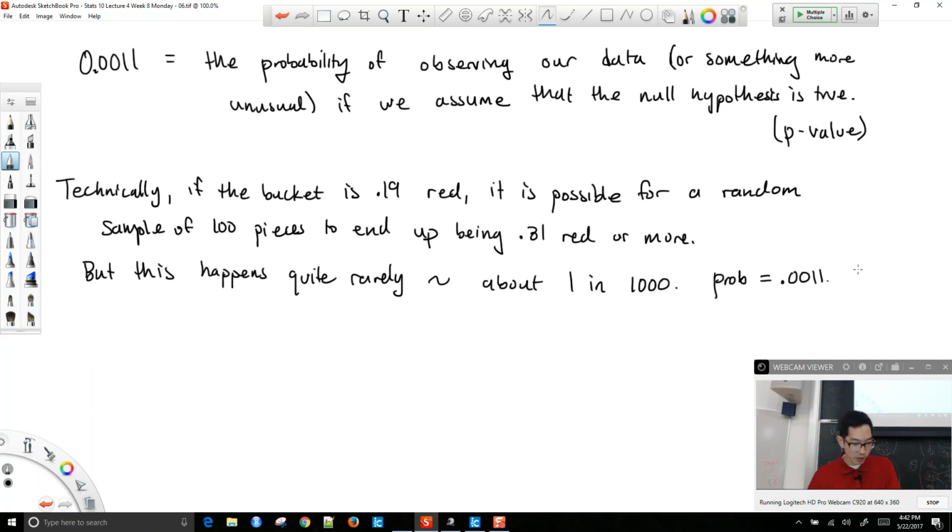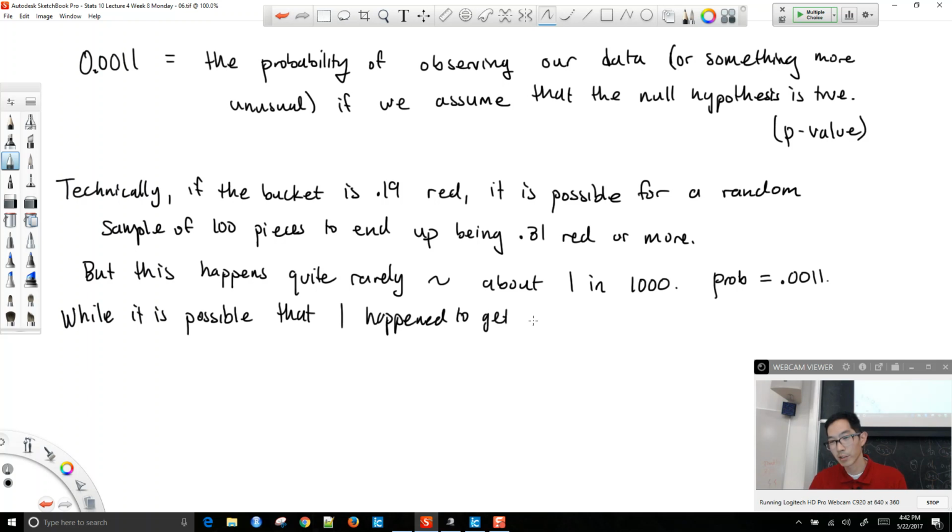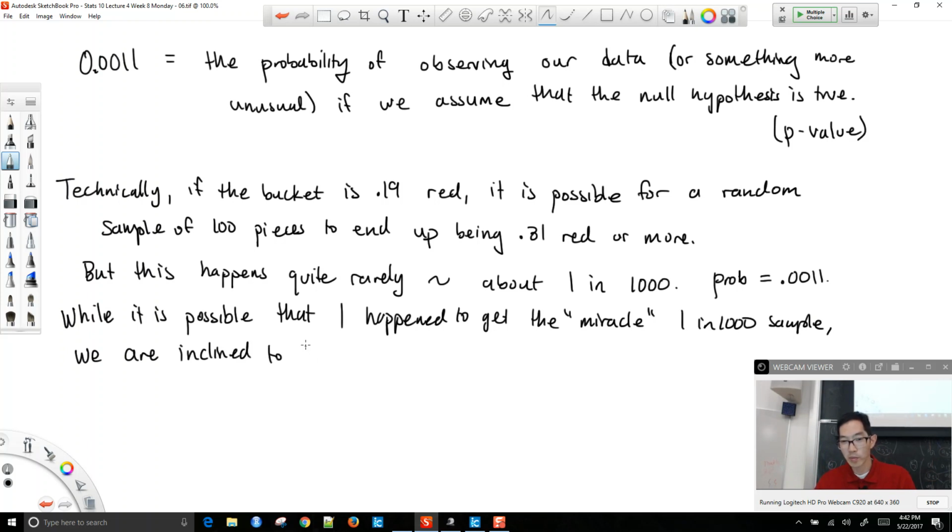So what I'm going to write here is, while it is possible that I happened to get the miracle 1 in 1,000 sample, we are inclined to believe that my assumptions about the population are wrong.